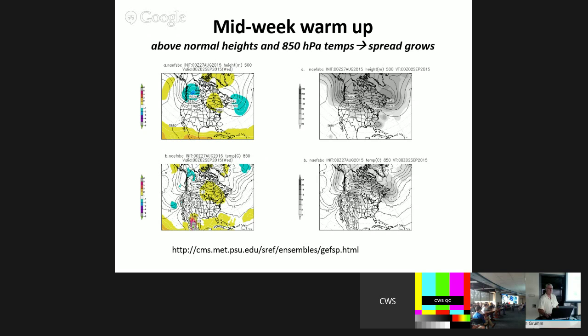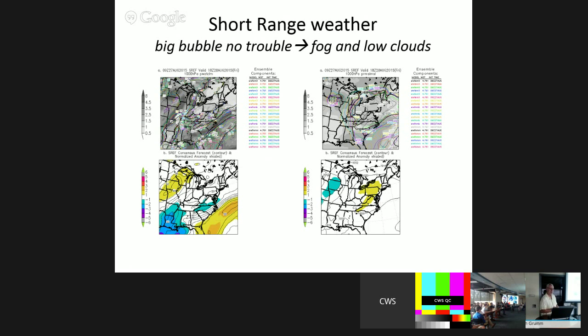And so our short range weather, we've been under this big bubble, no trouble, but because we're cyclonic aloft, we've been getting stratocumulus or getting the mid deck in every day. We've had areas of fog, but if you look at the precipitable water forecast, this is valid tomorrow afternoon. We're still in a relatively dry air mass.